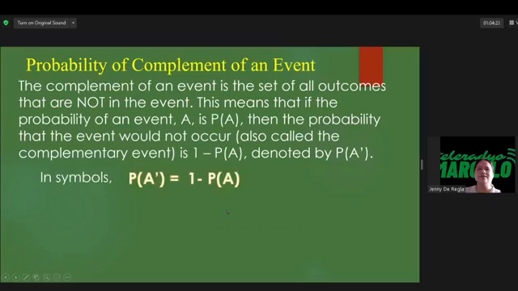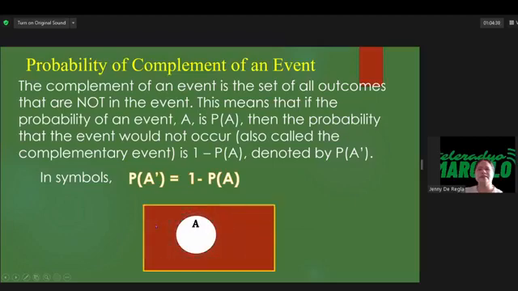So in symbols, we have P(A complement) is equal to 1 minus P(A). So just what we did for letter B a while ago. So for the given Venn diagram, the complement of an event A is not in event A. Okay?